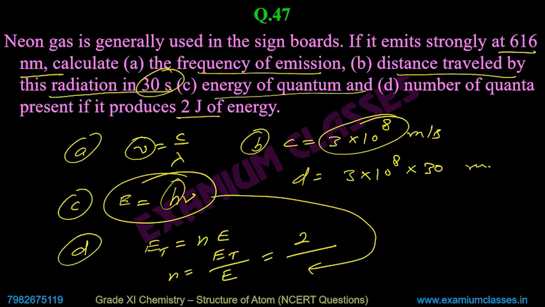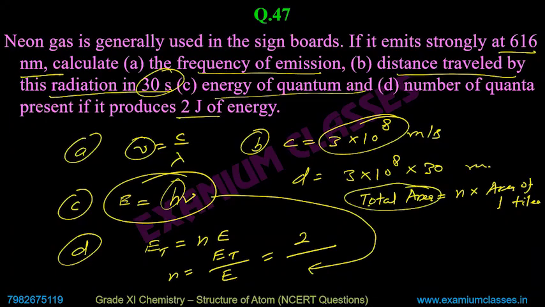Sir, can you explain the D part once? D part is total energy. It is actually similar to total area equals N into area of one tile. You have done these types of questions: number of tiles multiplied by area of one tile will give you total area.